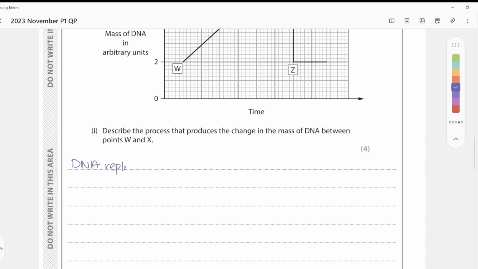DNA replication causes the mass of DNA to double.